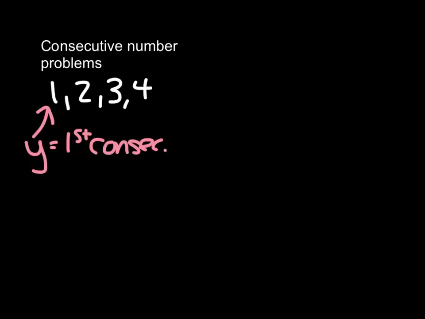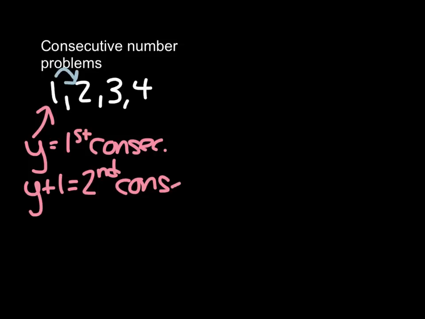Now how do I get from 1 to 2? Well, I add 1. So Y, which is 1, plus 1 equals my second consecutive integer.